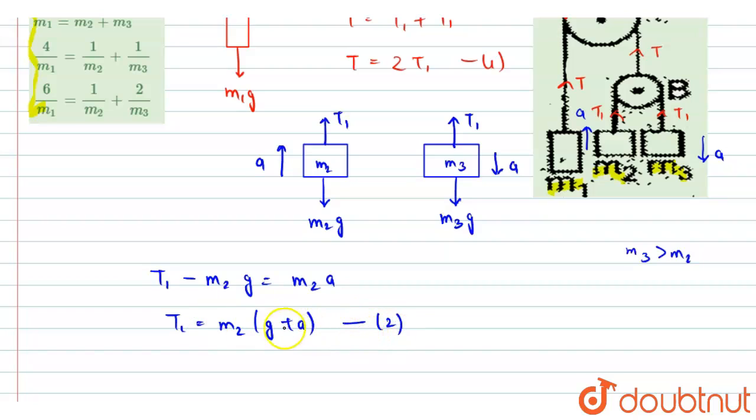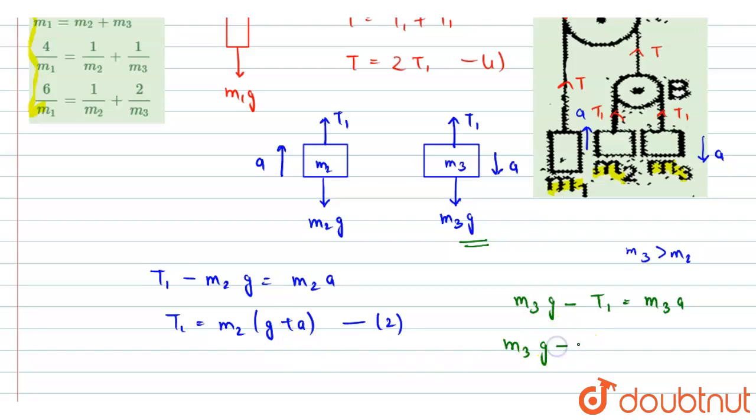Now in this equation the acceleration a is unknown, so the value of acceleration can be found from the equations given by mass m3. For mass m3, if I write the force equation, we will get m3g minus T1 equals m3a, right? So from here we can put the value of T1 from equation 2.